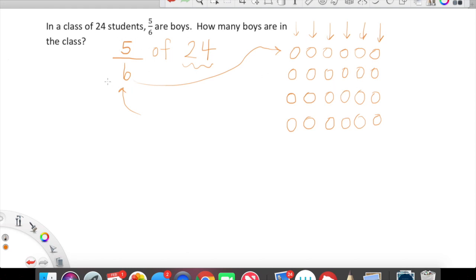I need 5 sixths. So the first column represents 1/6. The second column is also 1/6. Each column, you guys, is sixths. Each column represents 1/6 of 24. That is the case because there are 6 circles in the row.